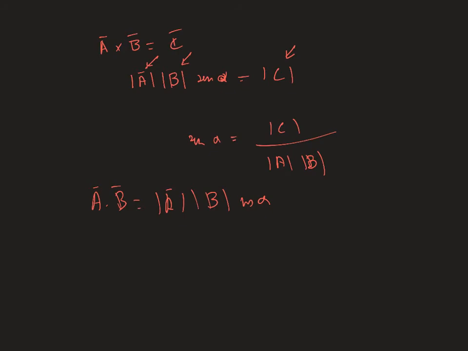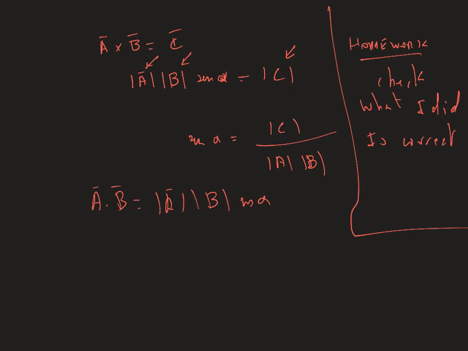Check it. So this is the homework. Check what I did is correct. Maybe I made a mistake in calculations. I don't know. You make it. If you got the idea, you can find the mistake, if I made one.